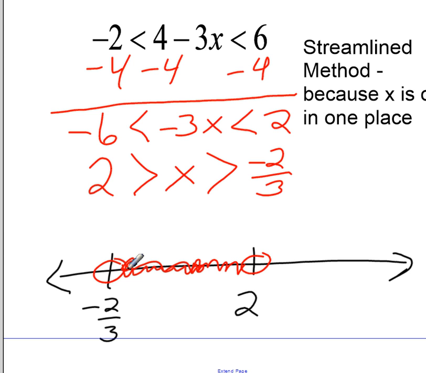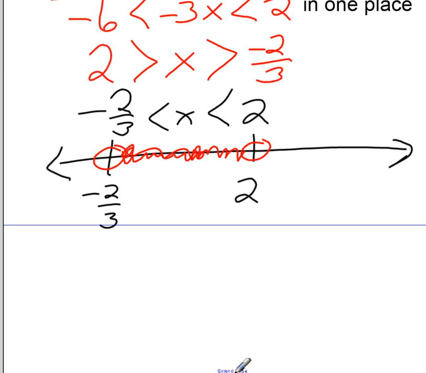So my final answer here should be -2/3 is less than x, which is less than 2. And in interval notation, that would be between -2/3 and 2. It's an open interval because the endpoints are not included. All right, that's it for that video.